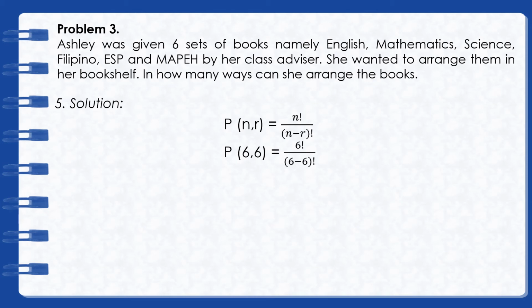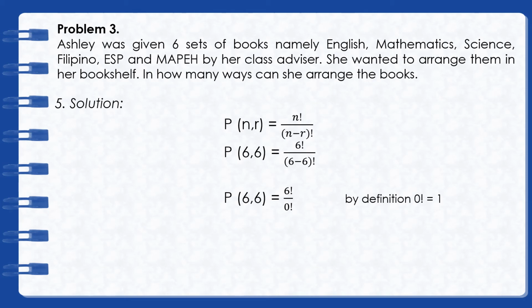So it is equal to 6 factorial over 6 minus 6 factorial. And if we simplify, permutation of 6 taken 6 is equal to 6 factorial over 0 factorial. And always remember that by definition, 0 factorial is always equal to 1. So in here, we can only have 6 factorial over 1 or 6 factorial.